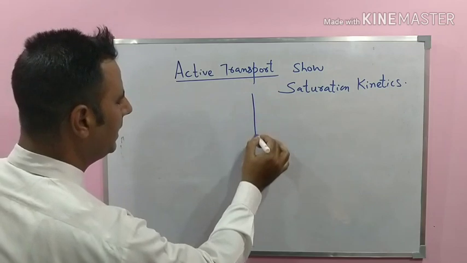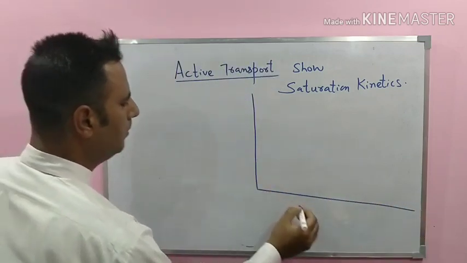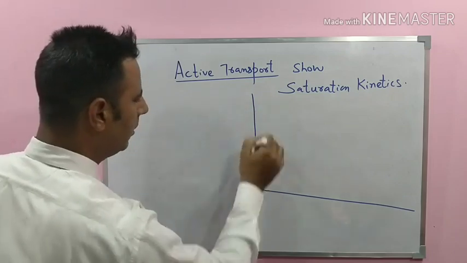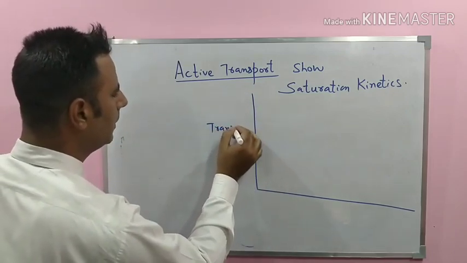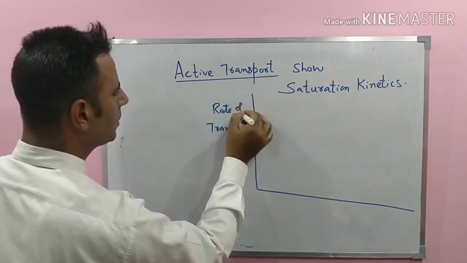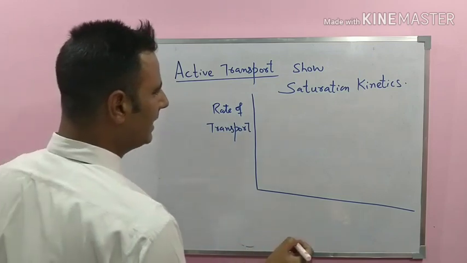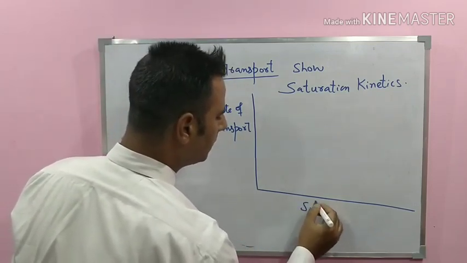If we plot a graph, on the y-axis we take the rate of transport, and on the x-axis we take the solute concentration.